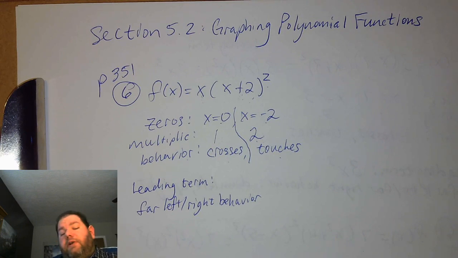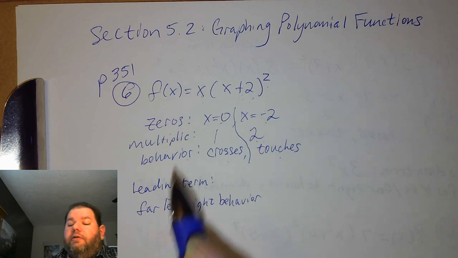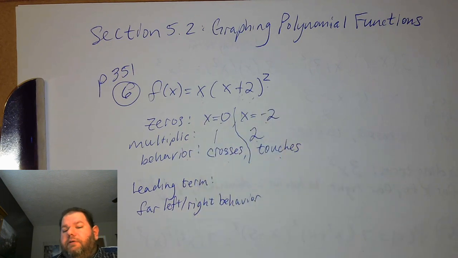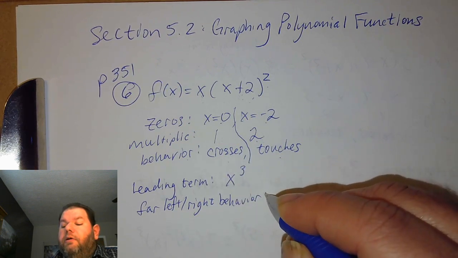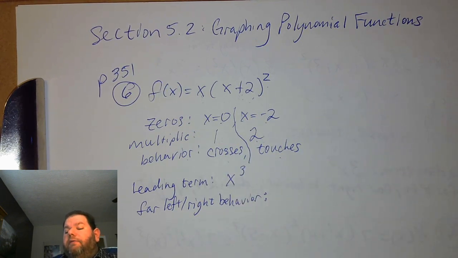Okay, now what is our leading term if we multiply all this together? x to the third, or x cubed. And then our far left and far right behavior.